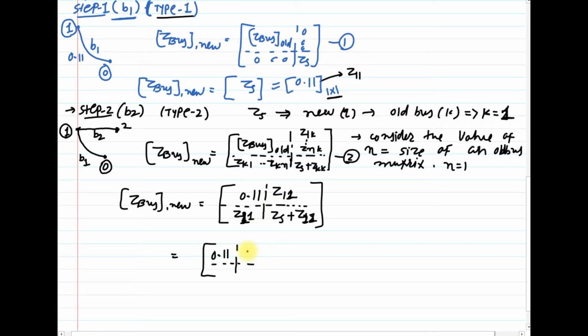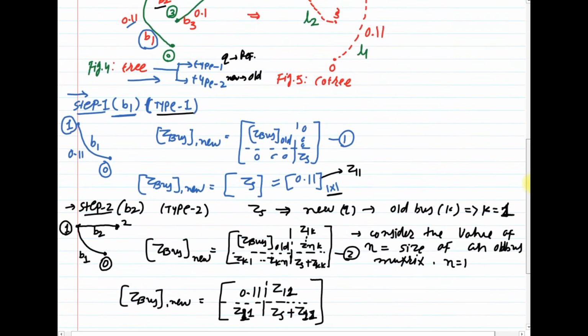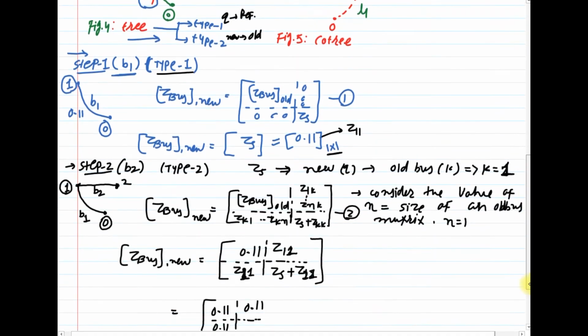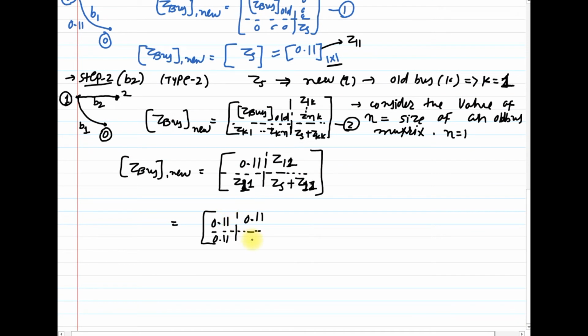So the value of z11 again is 0.11, and zs, which is the value of element B2 being added, its self impedance, is 0.2. So we can write 0.2 plus z11, which is 0.11.